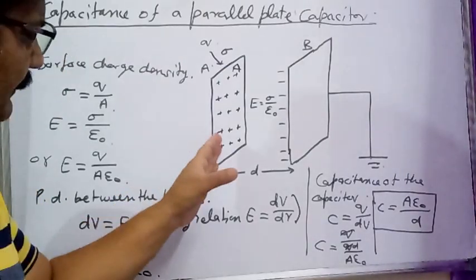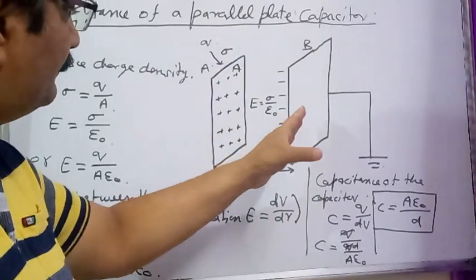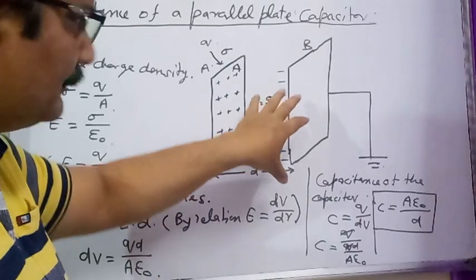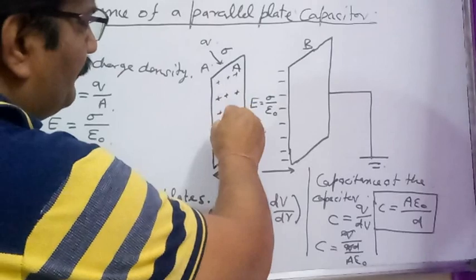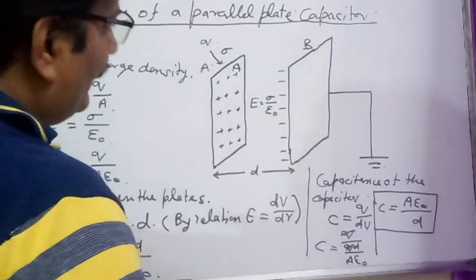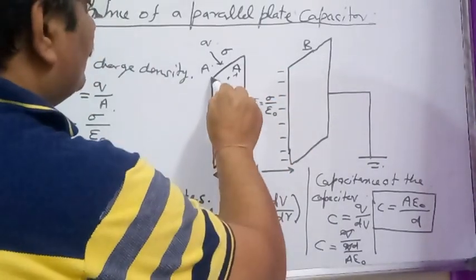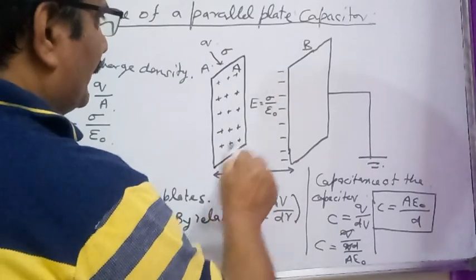A parallel plate capacitor is made up of two metallic or conducting plates of any shape or size but of equal area, and the plates are kept parallel to each other.